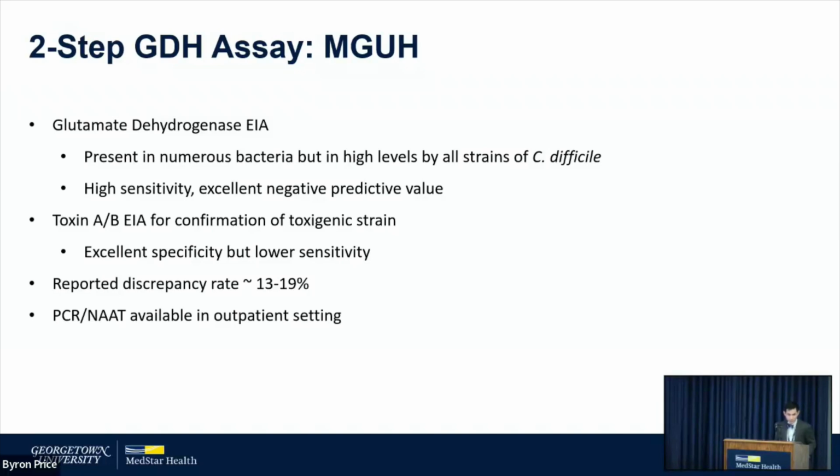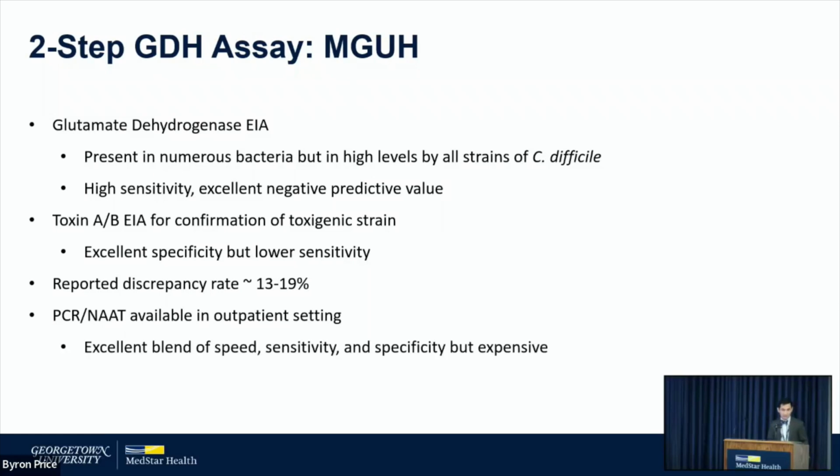We don't use the PCR or nucleic acid amplification test, but I do want to mention it as you may see it in an outpatient setting. It does have an excellent blend of speed, sensitivity, and specificity, but is expensive. And it can be considered too sensitive, especially when used in multiplex PCRs, where it can detect even very small levels of toxin, which may not be causing the clinical symptoms.